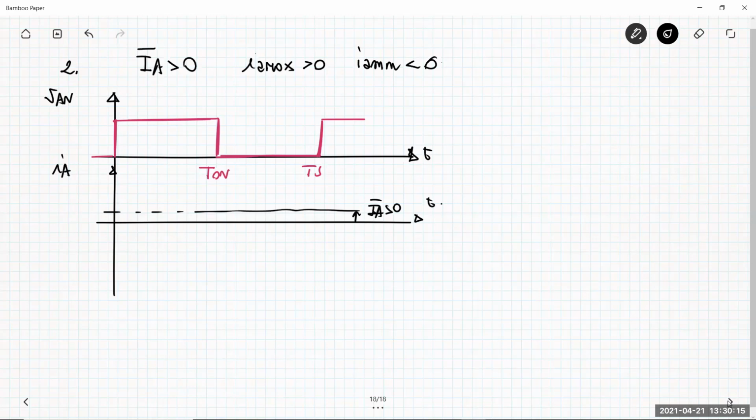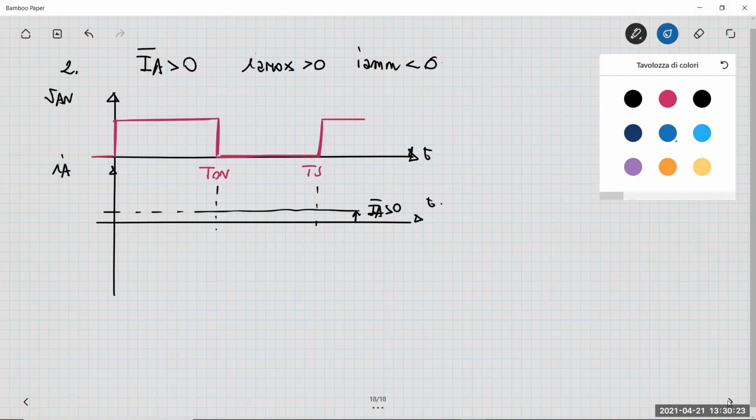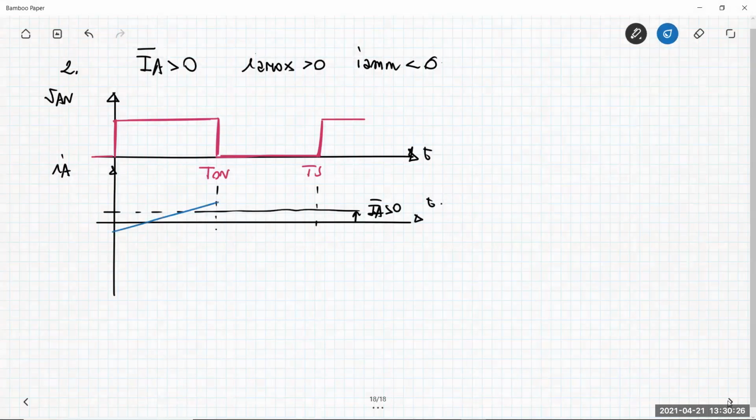But not all the instantaneous current is positive. For example, it can be something like this. As you can see, there is a small fraction of the overall period in which the current is negative, from 0 to T star, and then the same happens for the other interval.